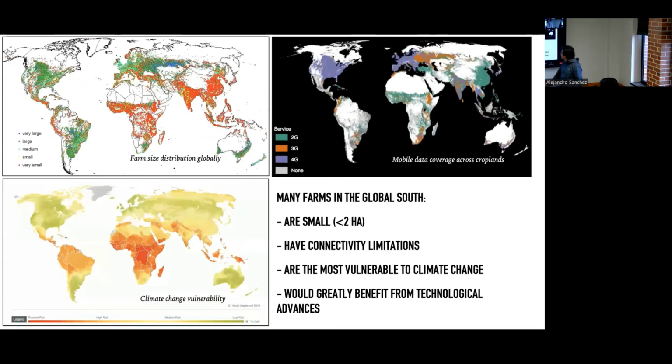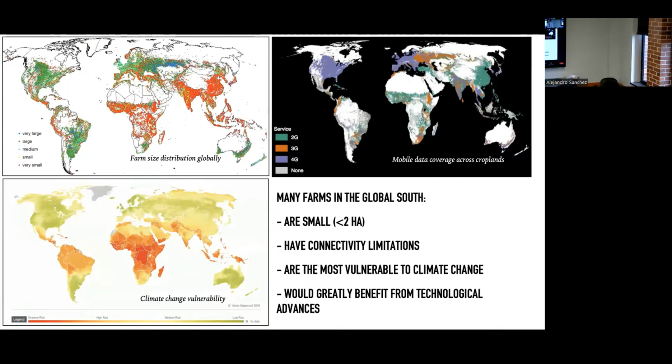Okay, so let's start with agriculture. When you start thinking about agriculture, I want to show a little bit of context before we start. If we see this map, you can see the farm size distribution. Red and yellow are very small farms, and very large are blue and green.